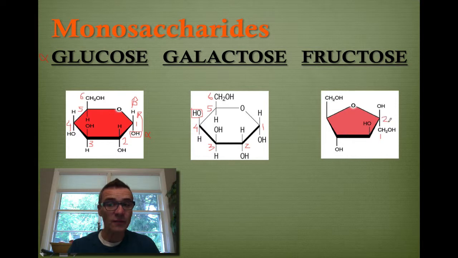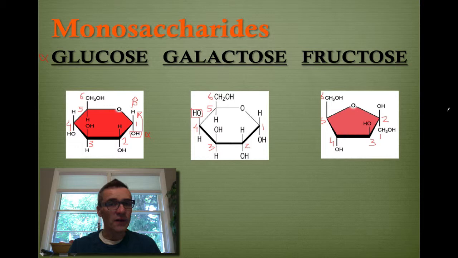But if you count up the carbons and look around the ring, you'll notice that it still has the same number of carbons as the other 2 sugars, glucose and galactose. So we have here carbon 1, 2, 3, 4, 5, and 6 up here. But the big difference is that carbons 1 and 6 are actually outside of the ring structure of fructose.